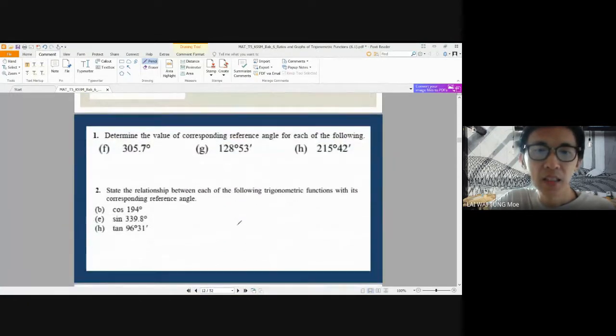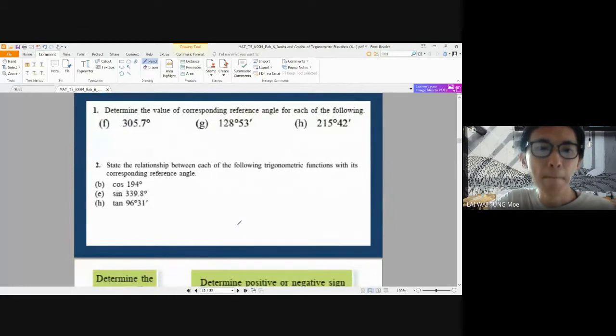And this is some of the questions. I want you to try this question just to test whether you get the idea or not. Try number 1G, and E and H. I give you 1 or 2 minutes.